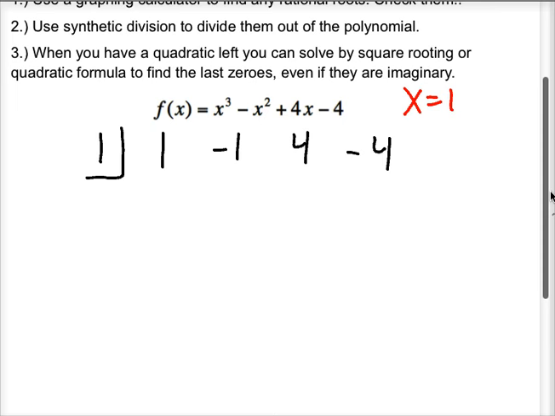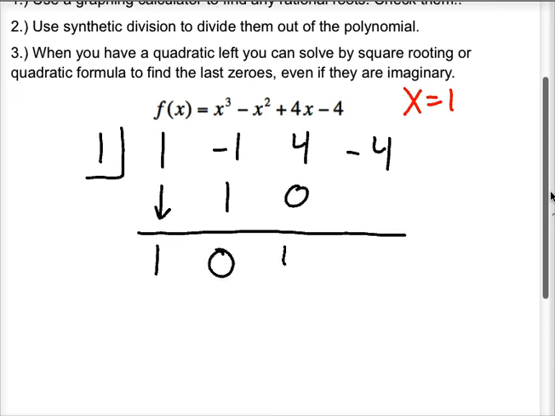Once I've identified one of the zeros, I'm going to use synthetic division on it. I'm going to pull down the 1 and multiply. Add, then multiply. Add, then multiply, add, and we're done.